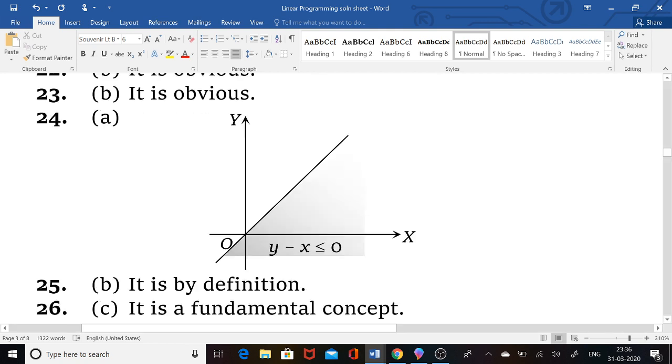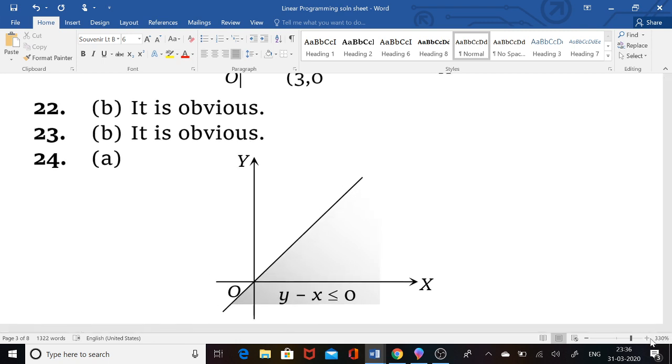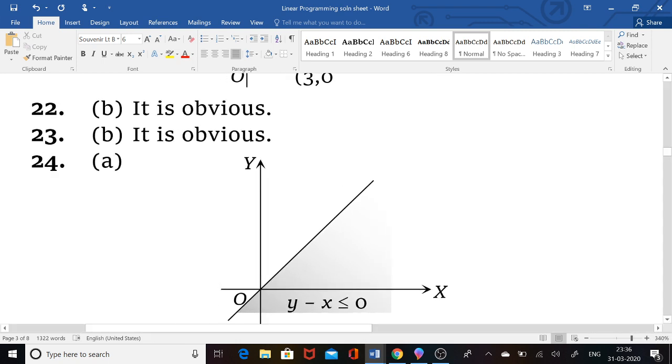24th is A. If you check your 24th one, it says the inequality y minus x is less than or equal to 0. This is the region, quite an important sum for your JEE. Y minus x is less than or equal to 0.